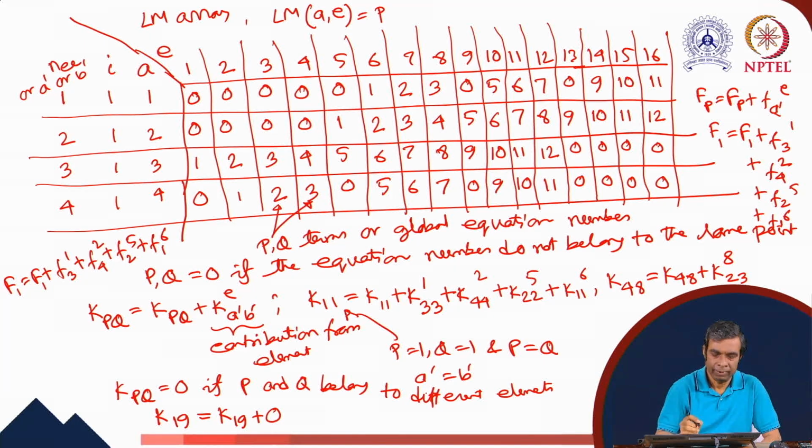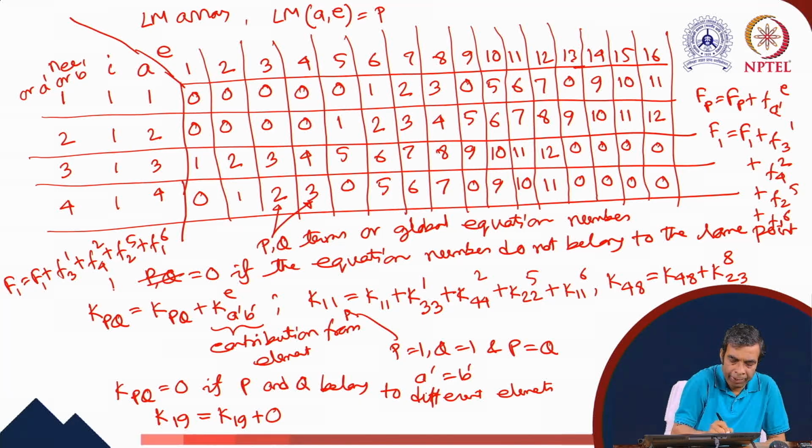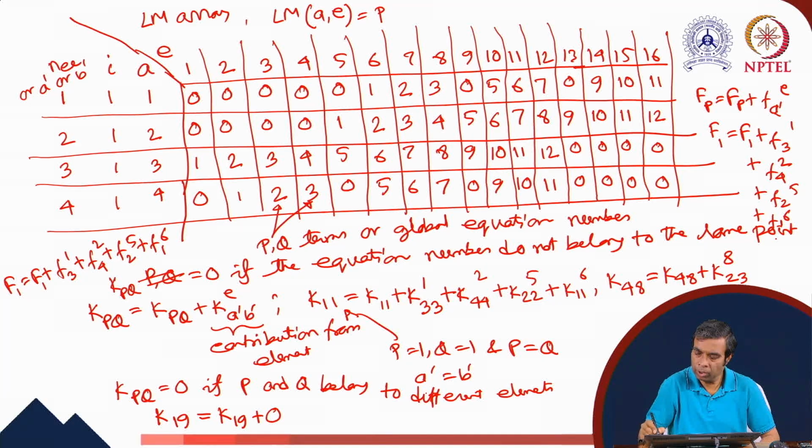There is a correction. PQ equals to 0 should be KPQ equals to 0. The matrix entry will be 0 if they do not belong to the same element.